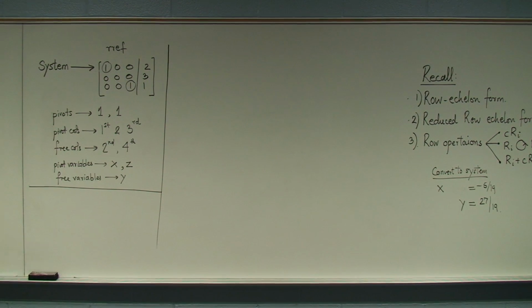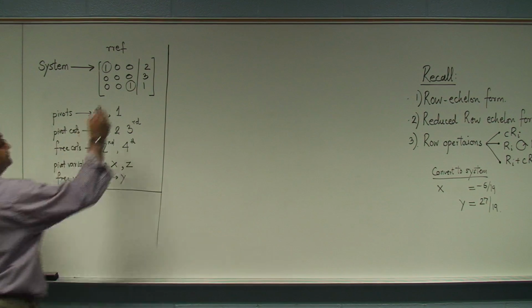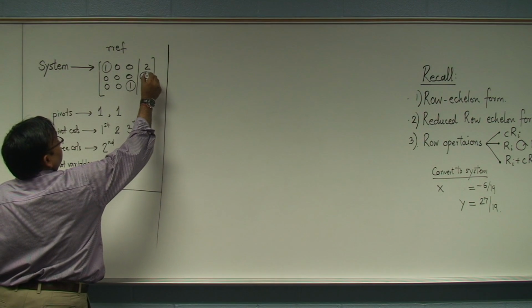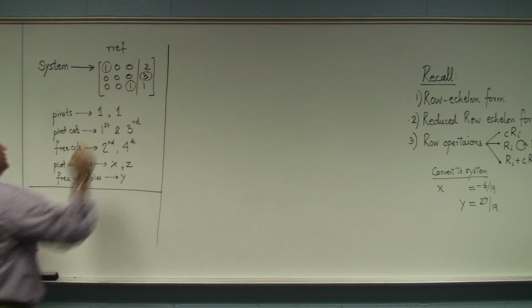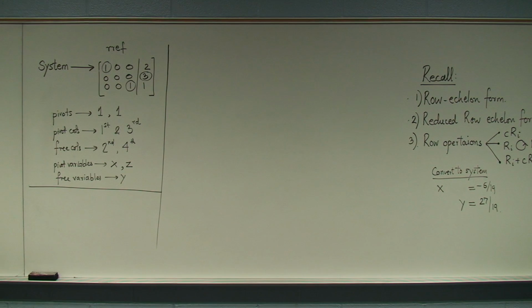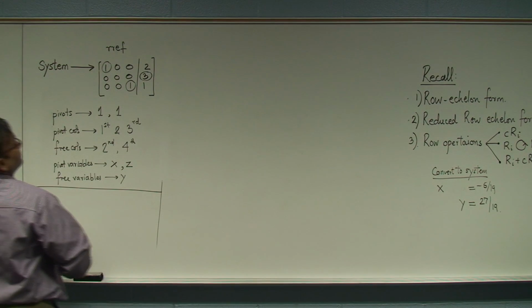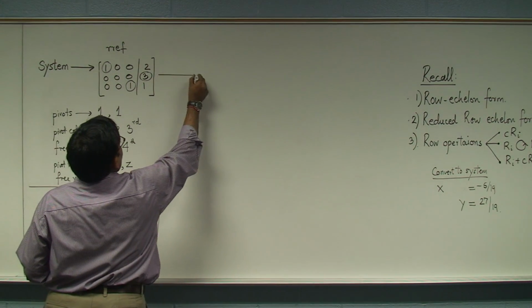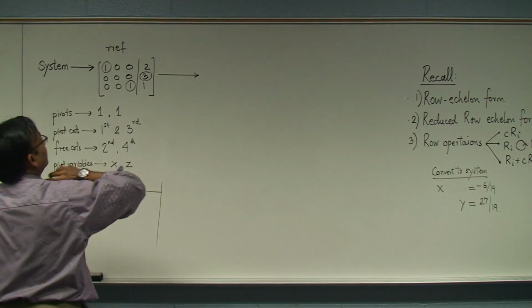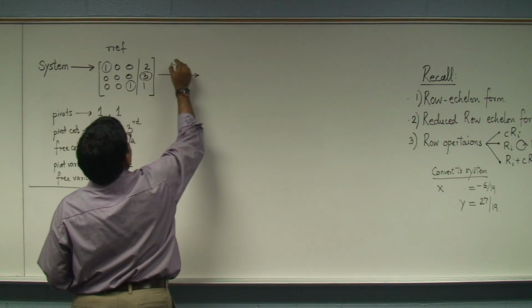Question: is it a row reduced echelon form? The answer to that is no, because this entry is the leading non-zero entry in its row, and because of which this will not qualify as a row reduced echelon form the way it is written right now. So we'll have to make some changes. If I want to make it row reduced echelon form, we will have to do some swapping.